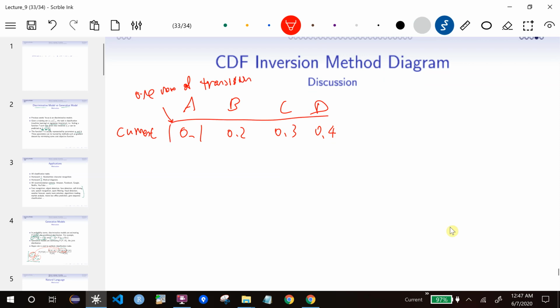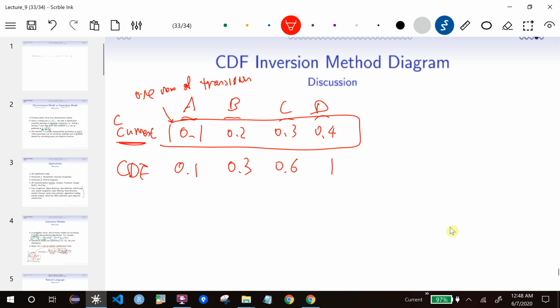We take out that row. That's important because we know the current one already. So suppose the current one is C, and then we take out the row corresponding to C, and then we know the probability of the next one being A, B, C, and D, and then we compute the CDF. The CDF is 0.1, 0.3, 0.6, and 1.